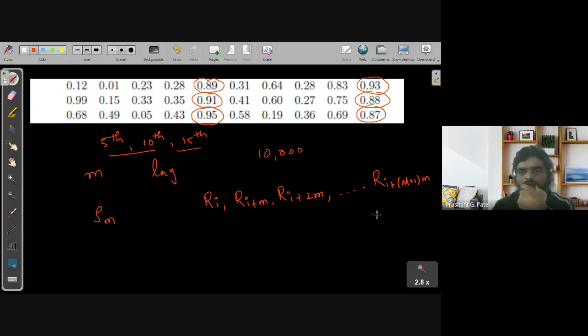This capital M is a very large integer such that i plus (capital M plus 1) times small m is less than or equal to capital N, where capital N is the total number of values in the sequence.